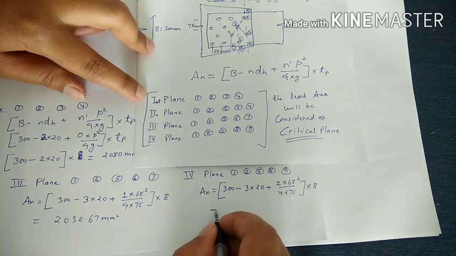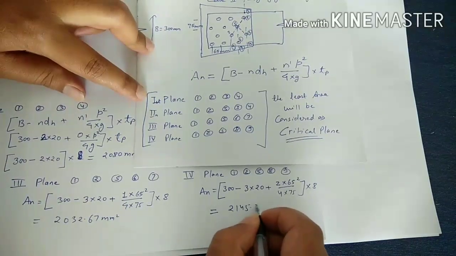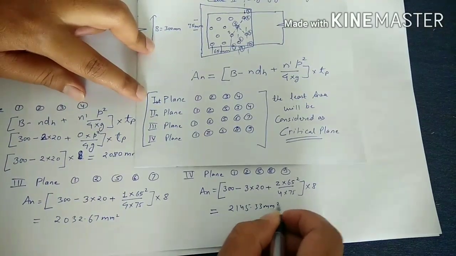On solving this, it again shows 2145.33 mm square.